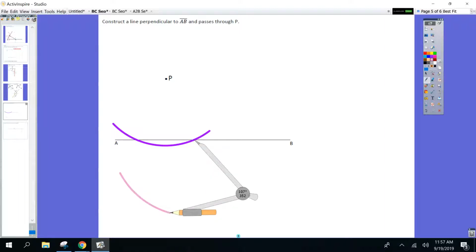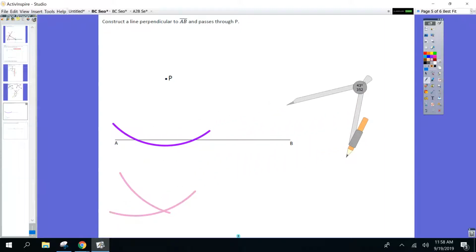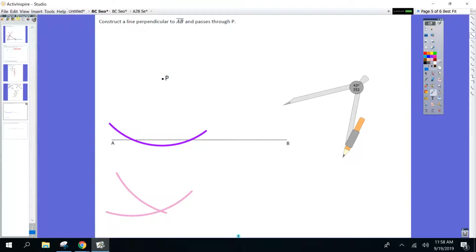And then where do you think I'm going to go next? I put it on one point of intersection. What's next? Other point of intersection. Yep. And hopefully the point of intersection lines up right below P. And you guys can make a perpendicular line for me.